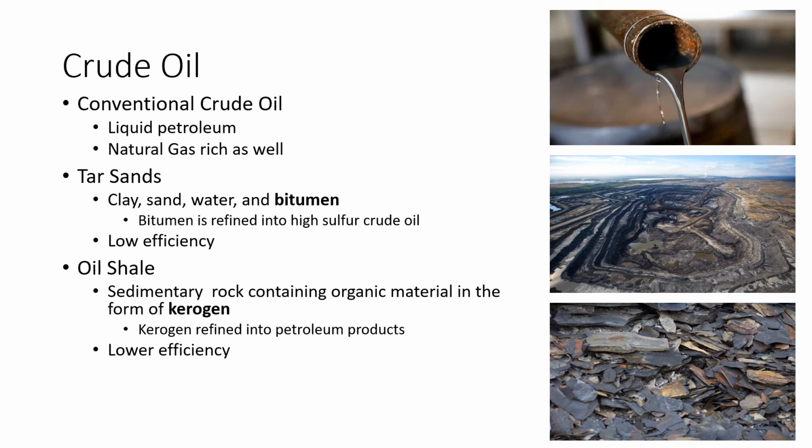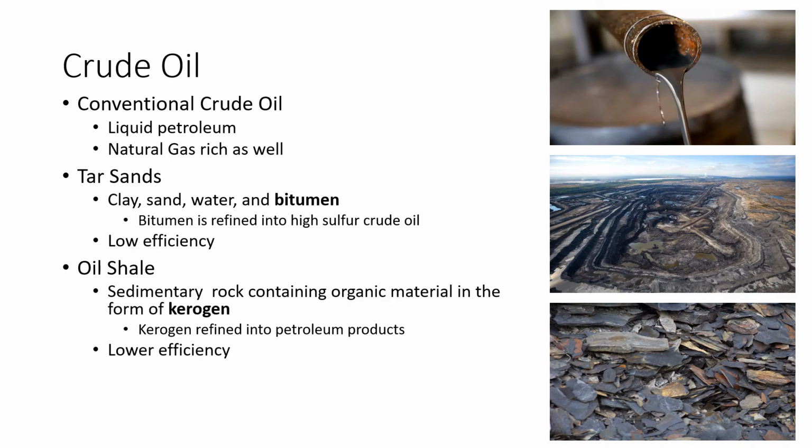One of them is tar sands. Tar sands are a mixture of sand, clay, water, and bitumen. Yes, it's similar to bituminous. So good for you for figuring that one out. Very related, fossil fuel and all. But bitumen is a tarry substance.